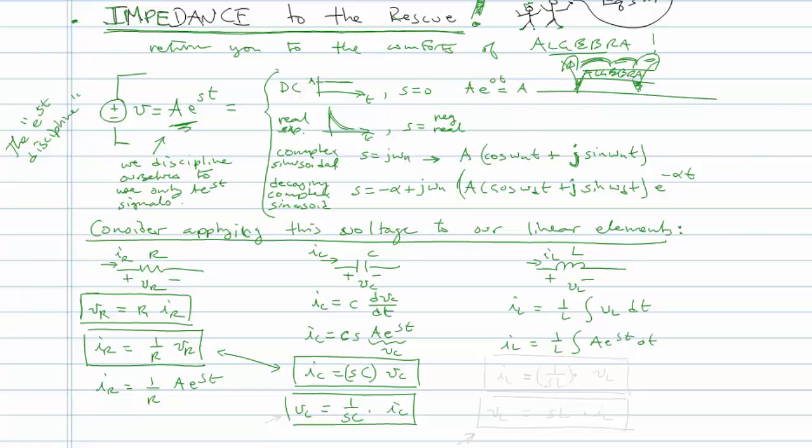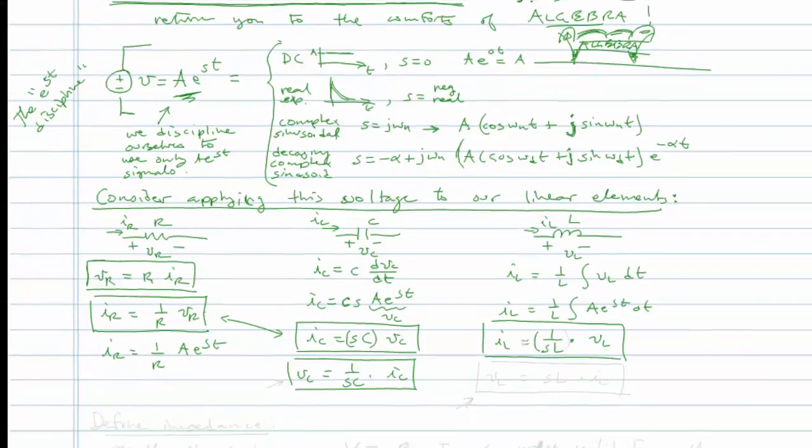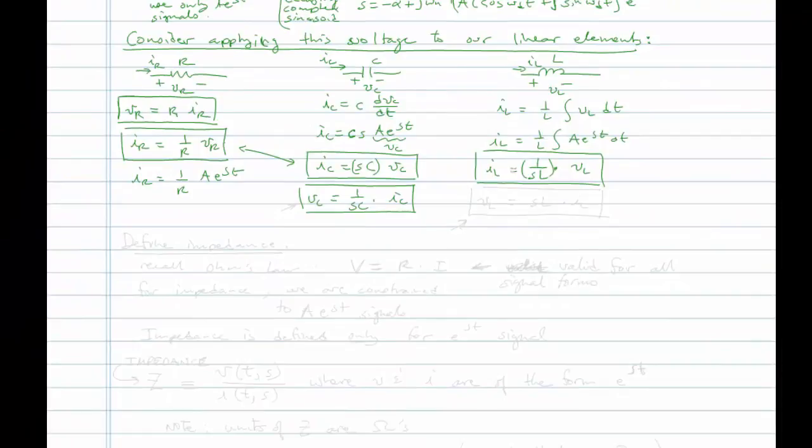And that gives us IL equal to 1 over sL times basically the voltage across the inductor again. And lo and behold, we have this constant that simply differentiates I from V for the inductor. Or we can write VL is equal to s times L times IL.